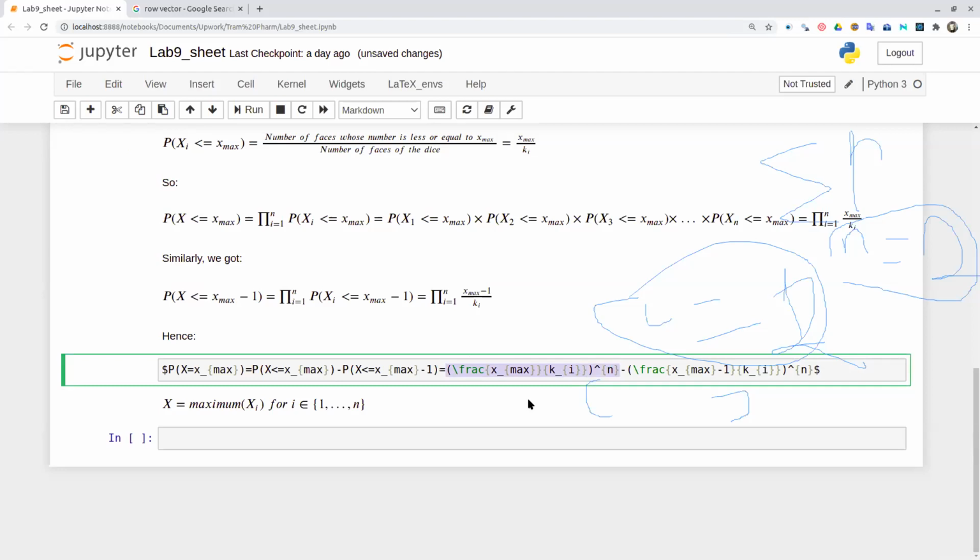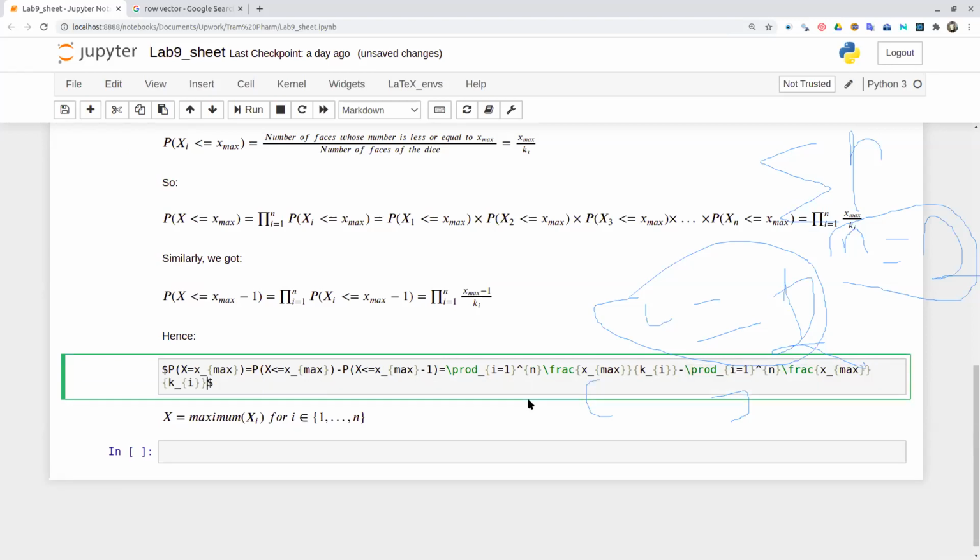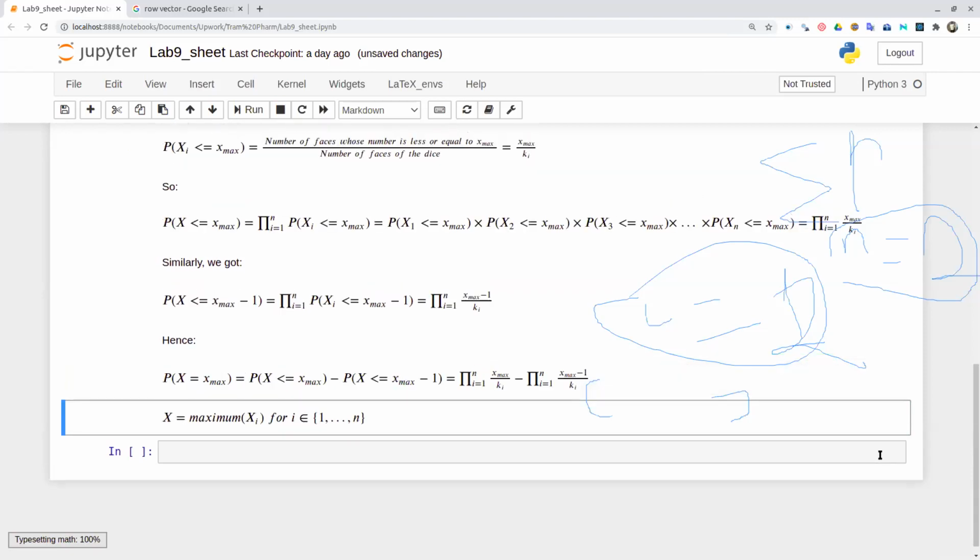This is in here. This time it is x max minus 1. Got it. Is it good? Yes. Great.